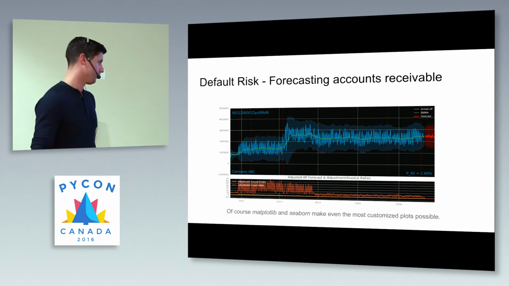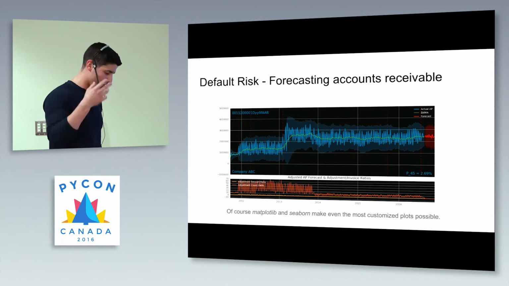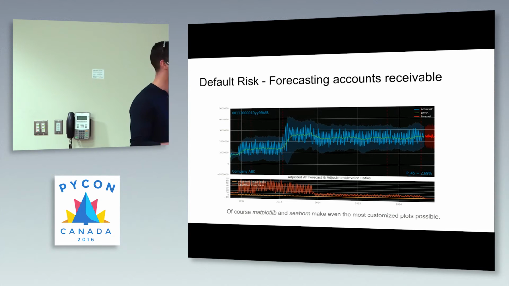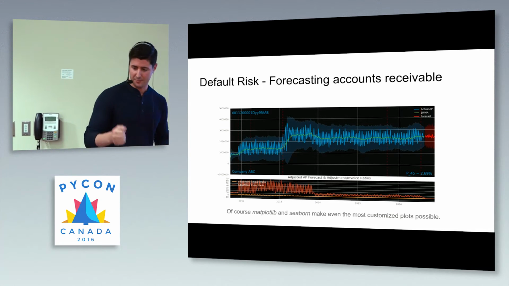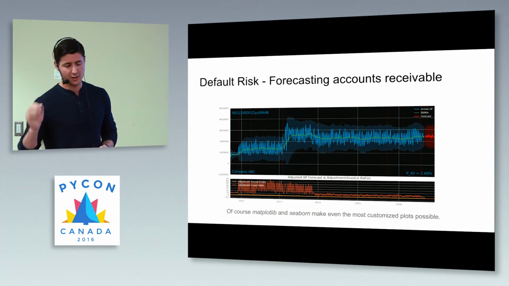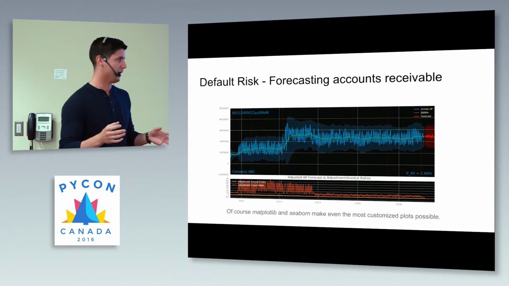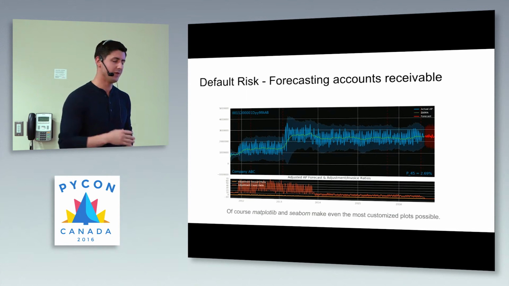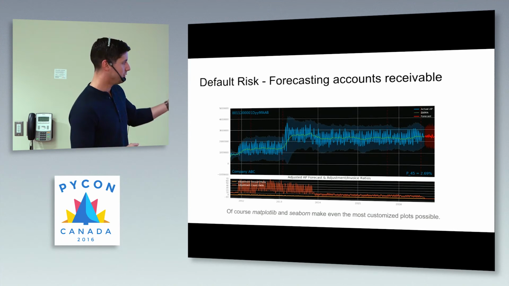And somebody earlier today talked about all of the different plotting options in the Python ecosystem. There are a lot. You have Plotly, you have Matplotlib, you have Pandas plotting, which is really just an abstraction on the Matplotlib API. And there are lots of other ones. But what I really love about good old Matplotlib is if you're just looking for a static image and you really need to do some extensive stuff, you can.